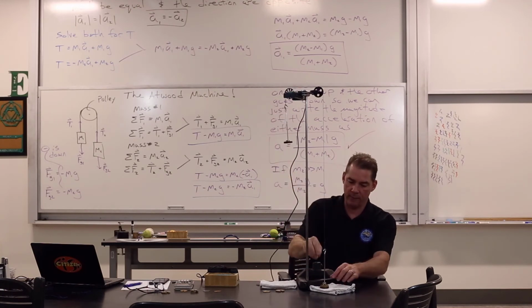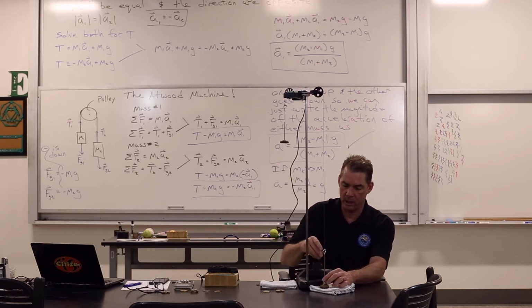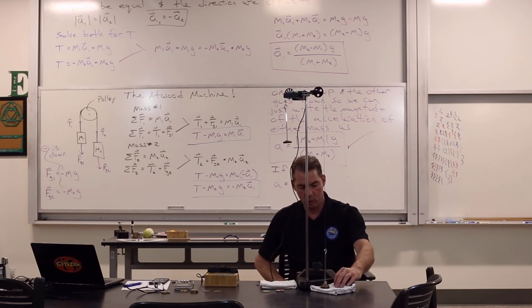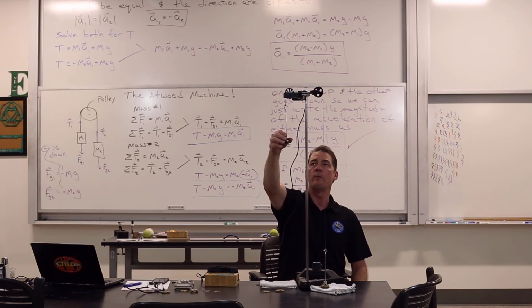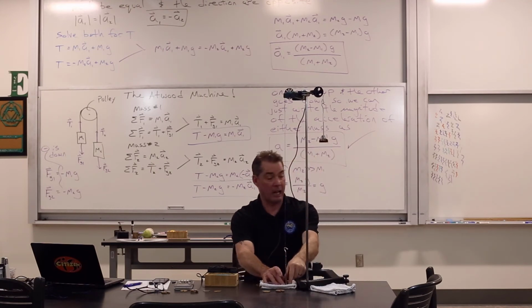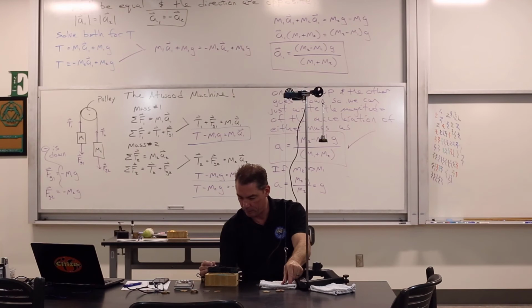60 grams. Take 5 off this one, stick it on over here. So we got 60 grams here, 140 over here, 20, 20, 50, 50. There we go. And what's going to happen? This one should be going a lot quicker, right? And that will be quite the case, or a lot larger acceleration, let's say.